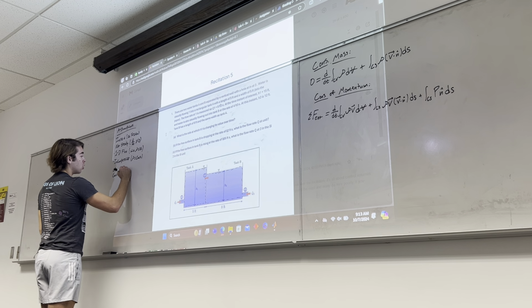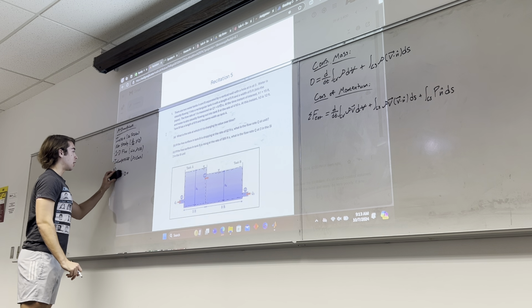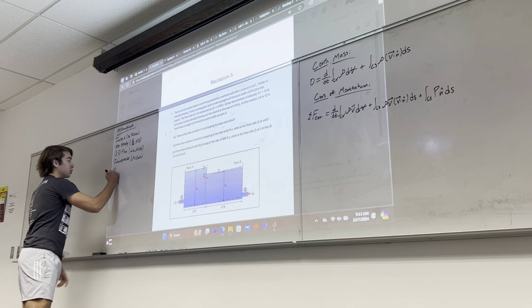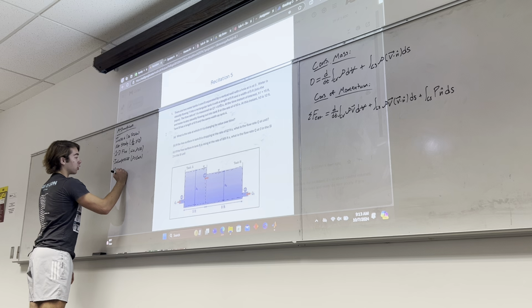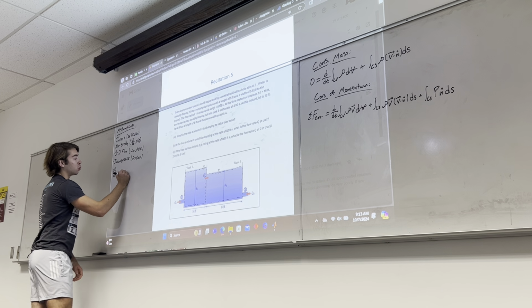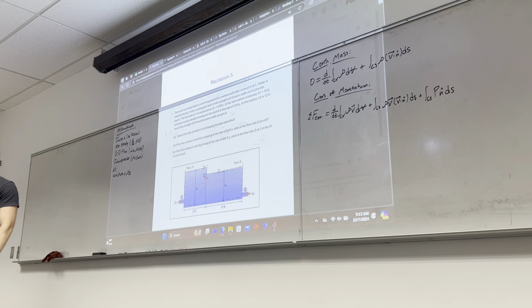Before I get ahead of myself, m dot equals rho VA for these assumptions, which also equals rho times q dot, because q dot equals v times a.